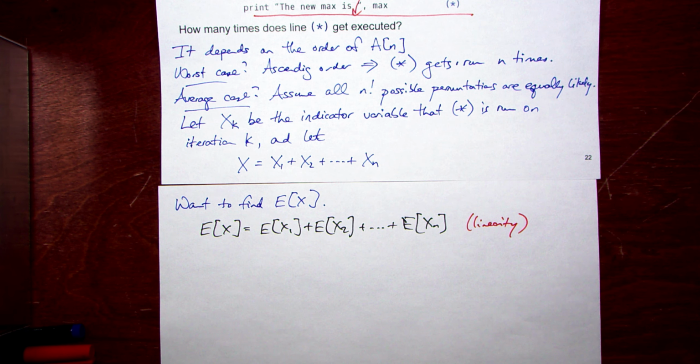Okay, first of all, this is a Bernoulli distribution, right? It's an indicator variable. What's the expected value of an indicator?